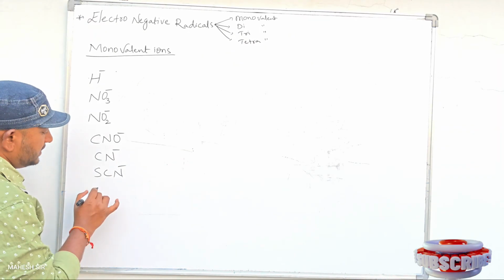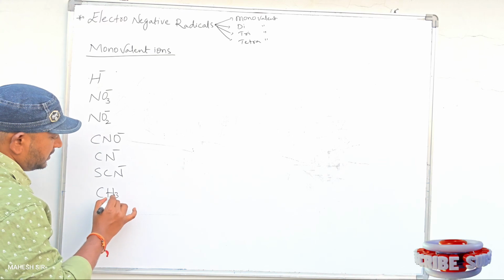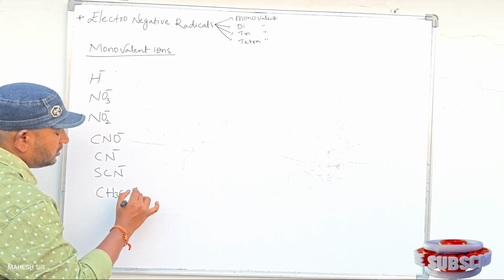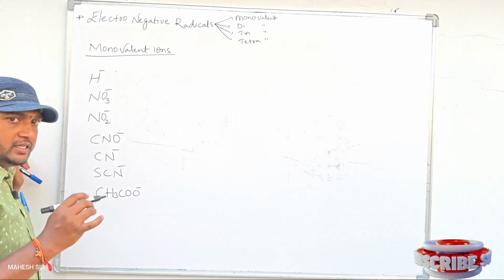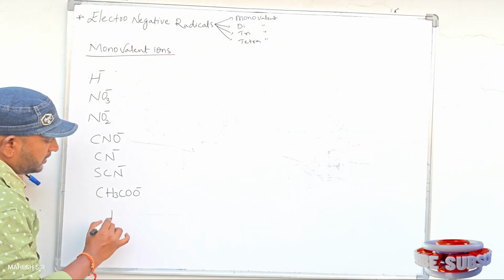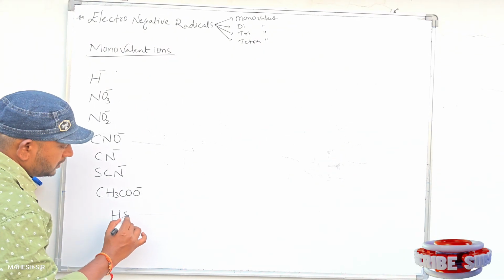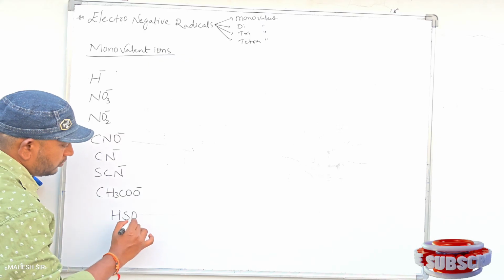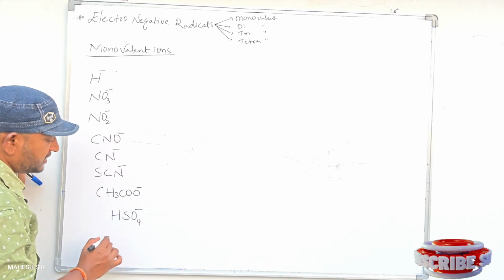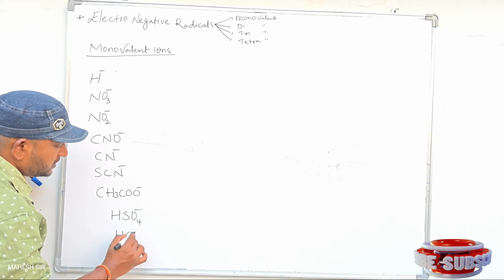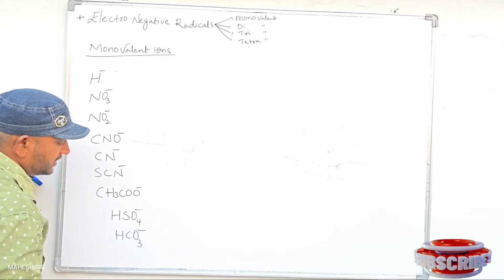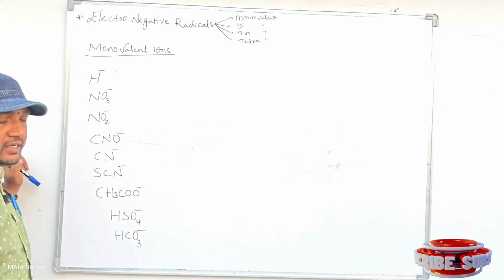Next one, acetate, CH3COO minus, and bisulfate, HSO4 minus, and HCO3 minus, bicarbonate.